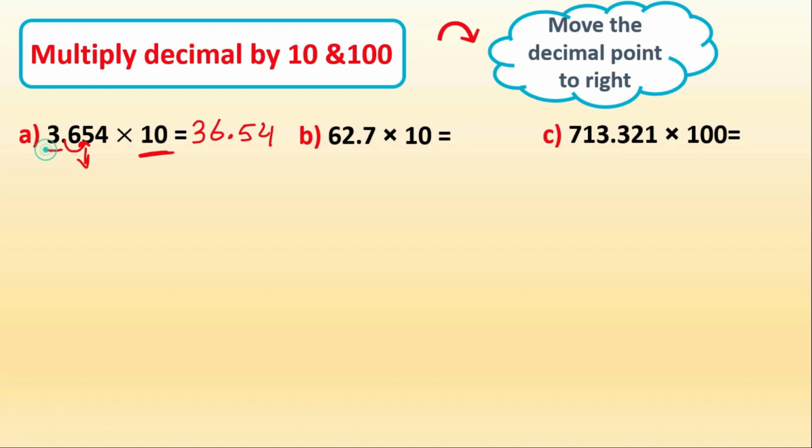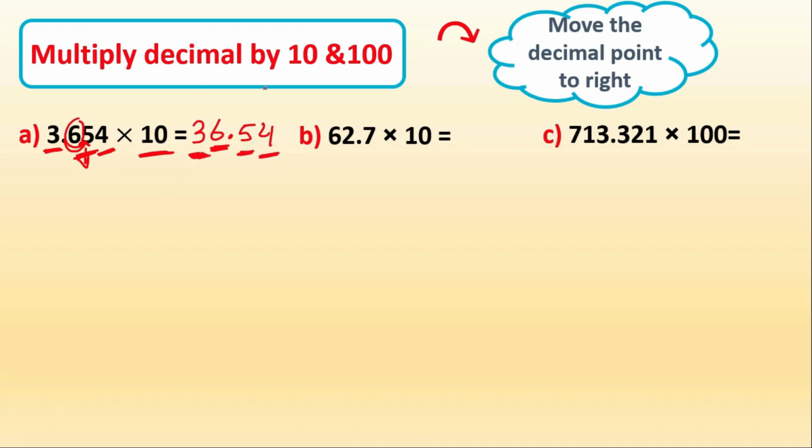3 was in the ones place, becomes in the tens place. 6 was in the tenths, moves to the ones, and so on. 5 in the hundredths moves to be in the tenths, and 4 in the thousandths moves to the hundredths.